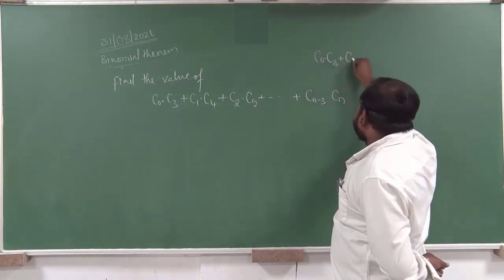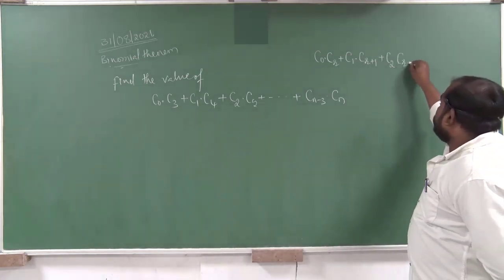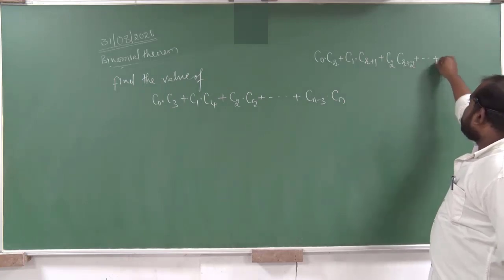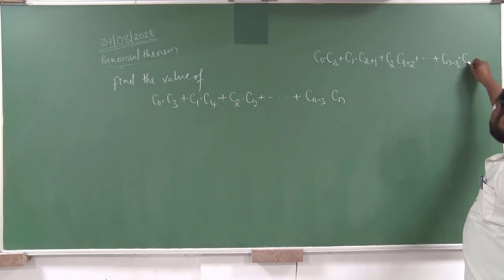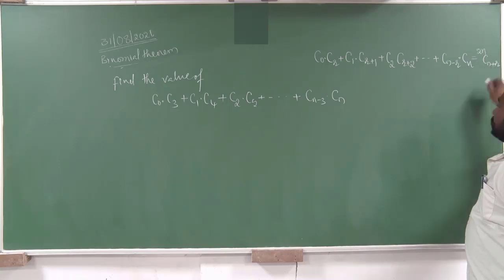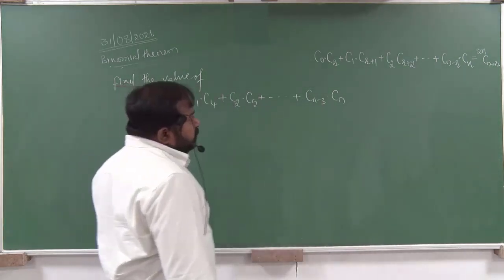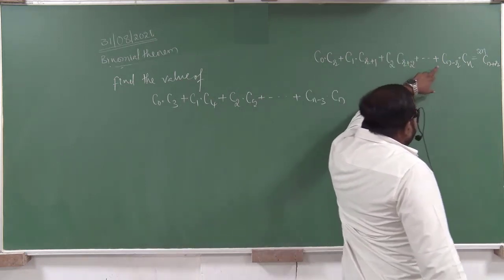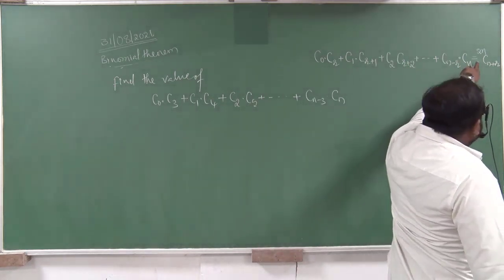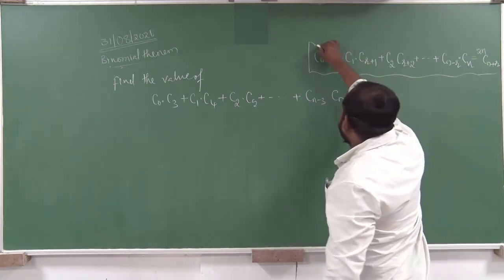C0 into Cr plus C1 into Cr plus 1 plus C2 into Cr plus 2 and so on, plus Cn minus r into Cn is equal to 2nC n plus r. Just today in this class we completed this result.